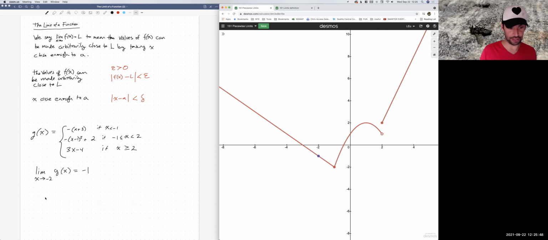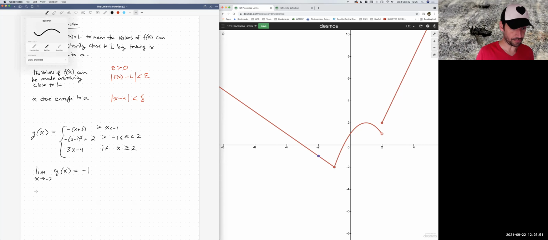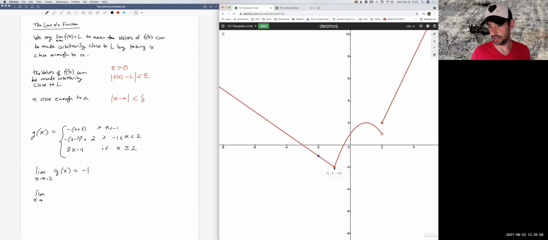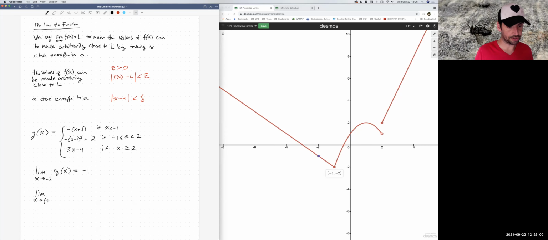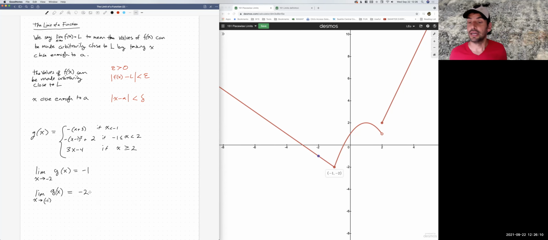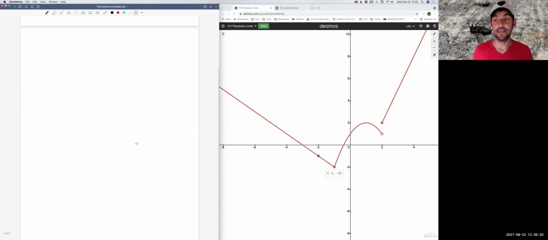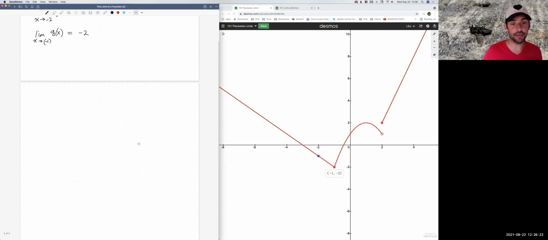In a similar way, if you look at this graph, we can say that the limit as x goes to -1 of g of x is equal to 2, right? If you look at the graph from either side, it's heading right at that point, and it doesn't do anything surprising there.